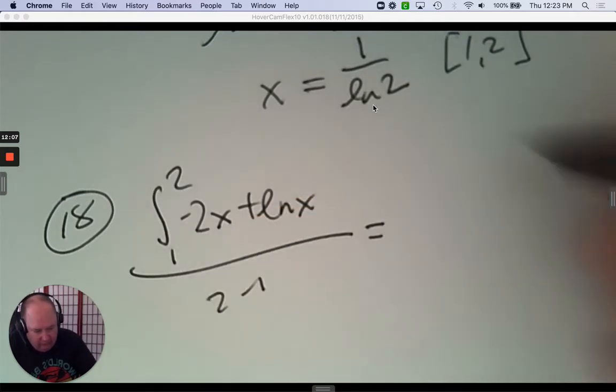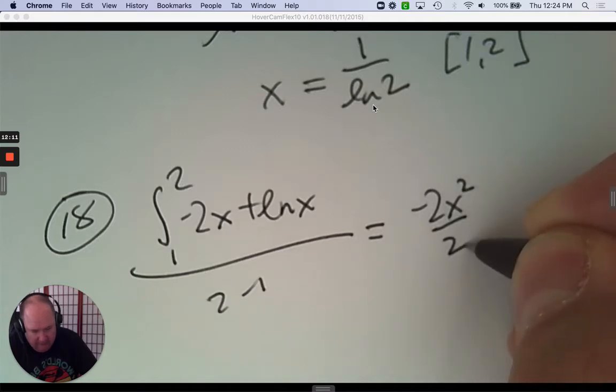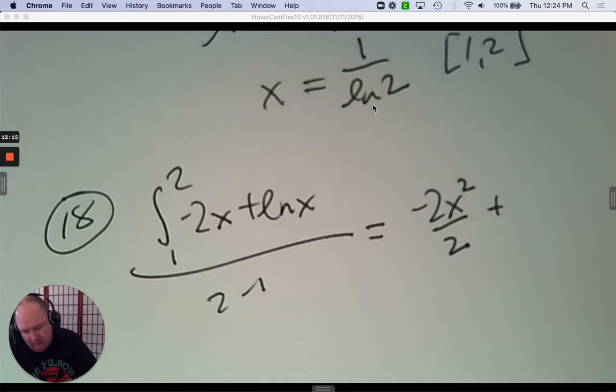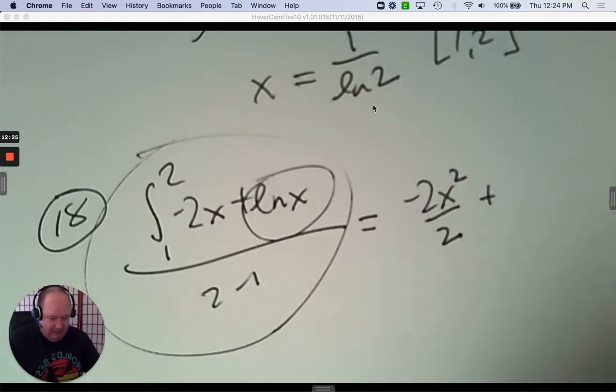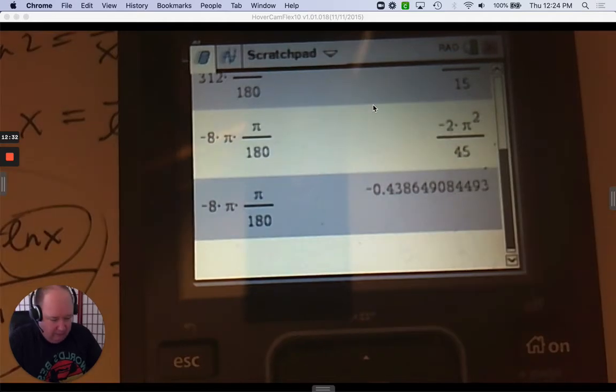Negative 2x, the antiderivative would be negative 2x squared divided by 2. The antiderivative of ln x. Or would I need a calculator? I think I can't, because we don't have an antiderivative rule for ln x. So I'd actually have to put that in a calculator. So I got stuck there. I realized we have a rule for the derivative, but we don't have a rule for the antiderivative there.